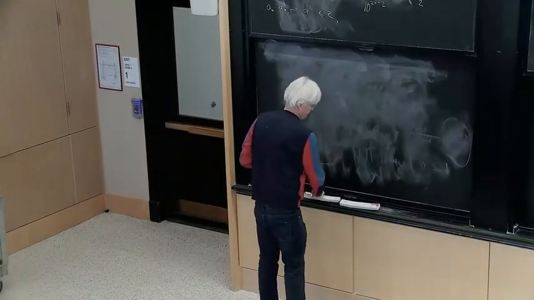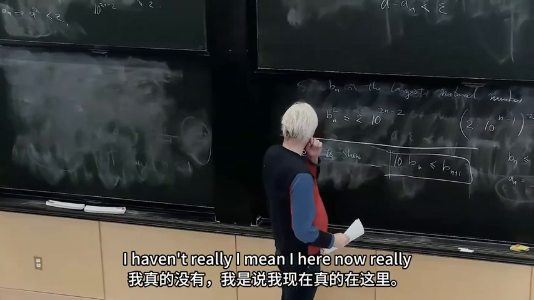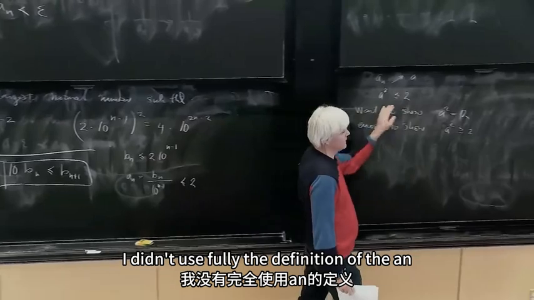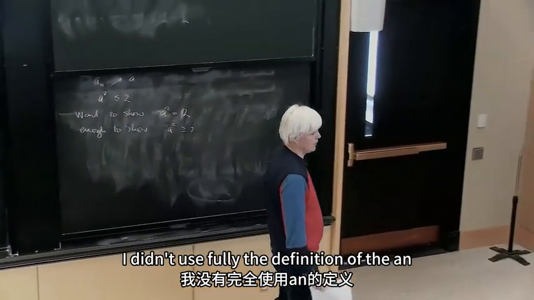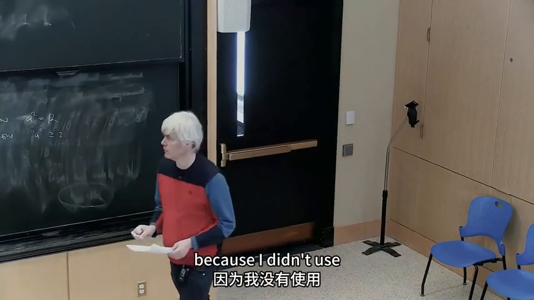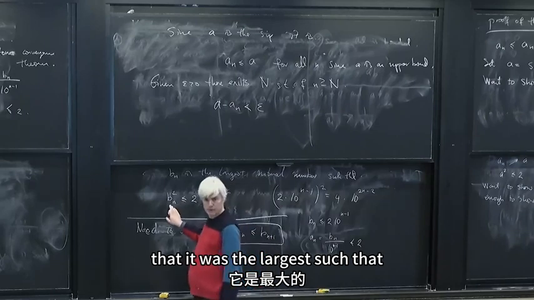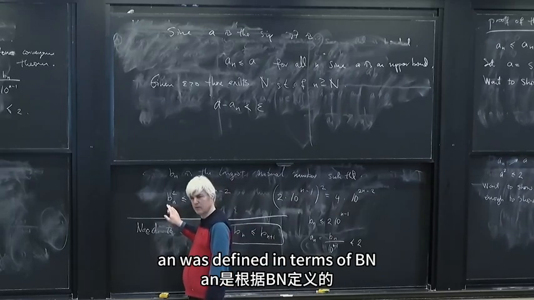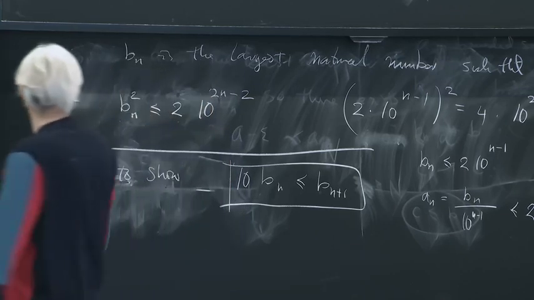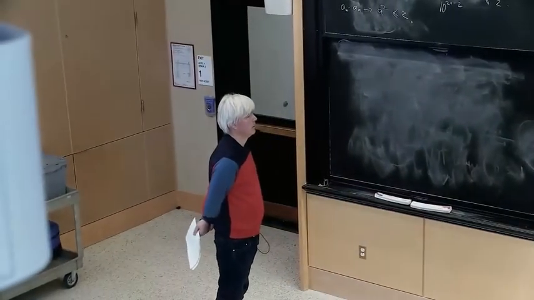To prove that it's less or equal to 2, I didn't fully use the definition of the an, because I didn't really use that an was defined in terms of bn, where bn was the largest such number.